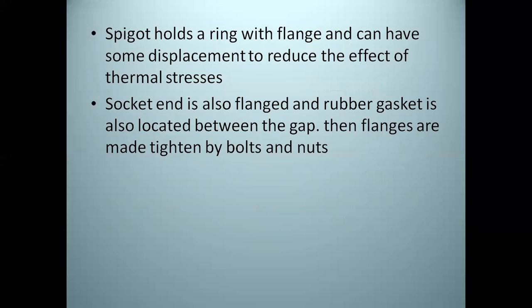The spigot holds a ring with flange and can have some displacement to reduce the effect of thermal stresses. That is, it has a spigot with the ring and flange, and it can have some displacement to reduce the thermal stress which can occur in the pipes.